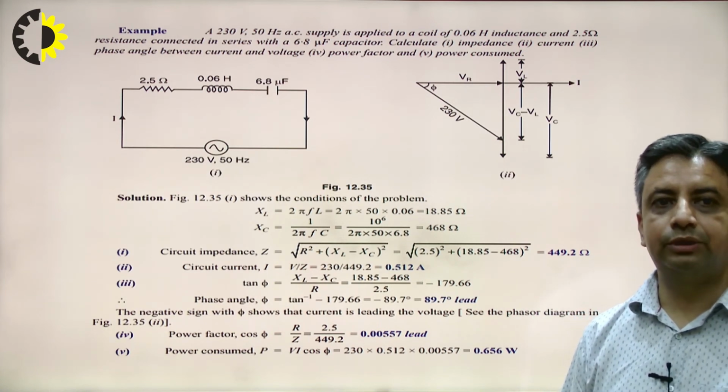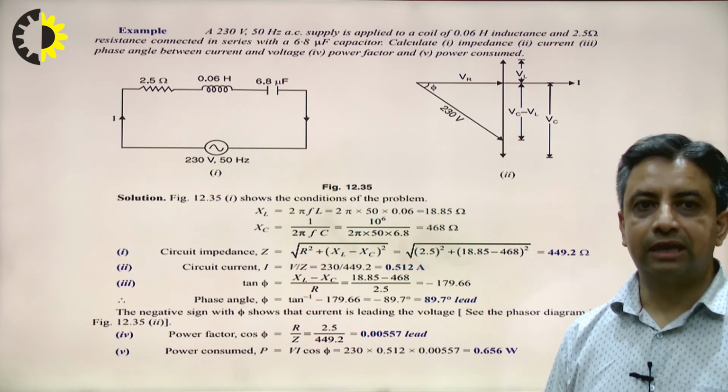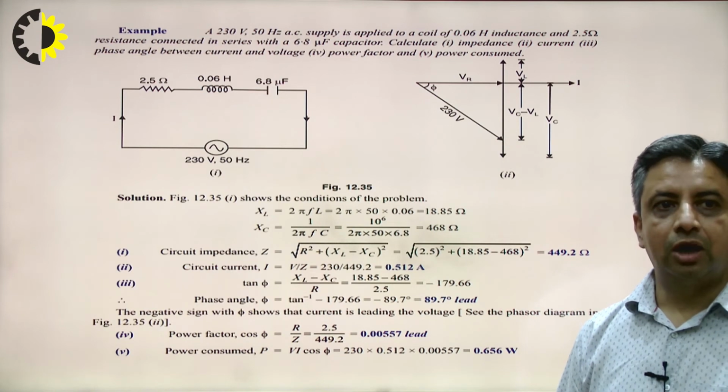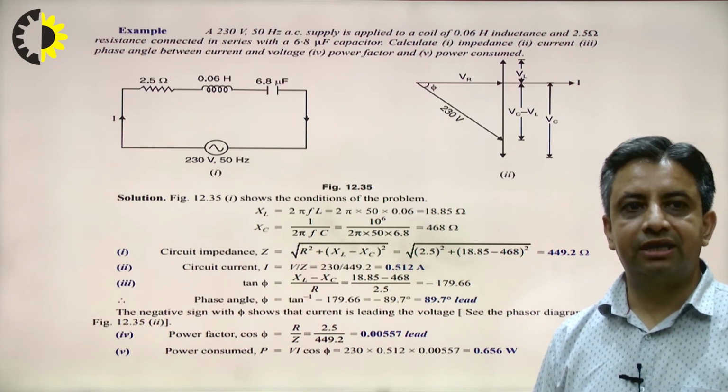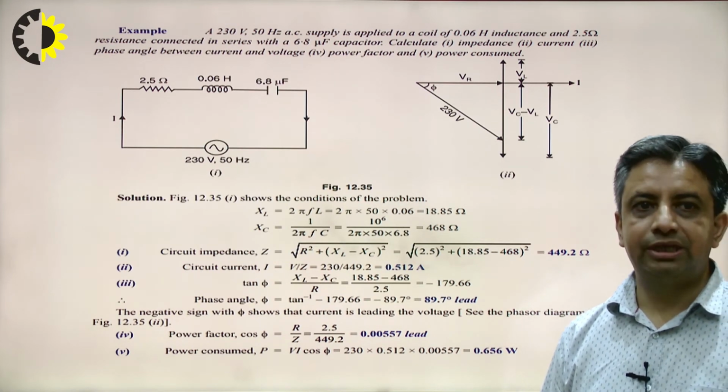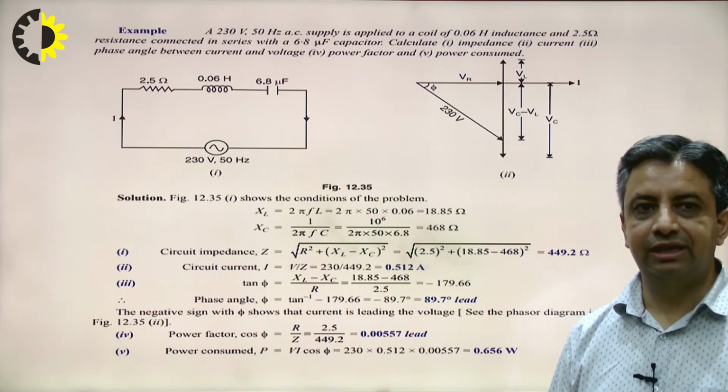As I told you, this circuit is behaving as a capacitive circuit, so the phase angle will be leading. Now, the fourth part is the power factor. Cosine of this phase angle will be the power factor, so it comes out to be 0.005 leading.